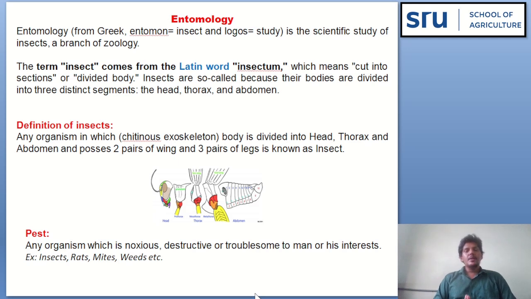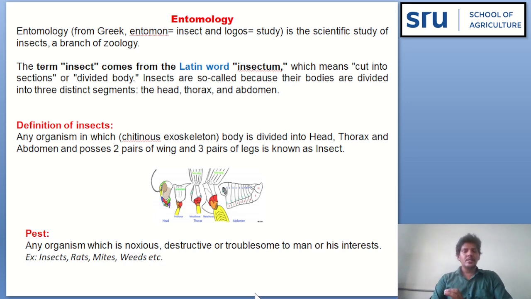The term insect comes from the Latin word insectum, which means cut into sections, that is, head section, thorax section, and abdomen section.